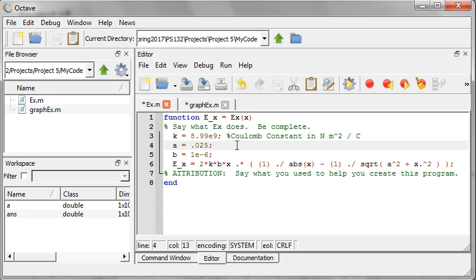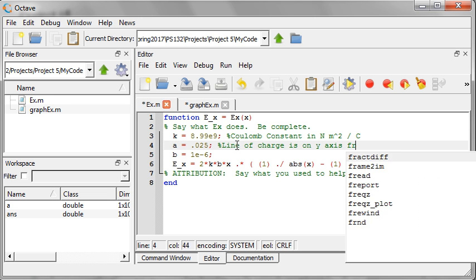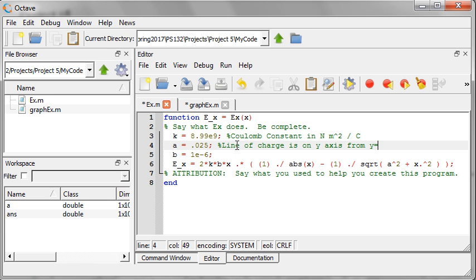In this context, line of charge is on the y-axis from y equals minus a to y equals a. It tells people what that constant is.